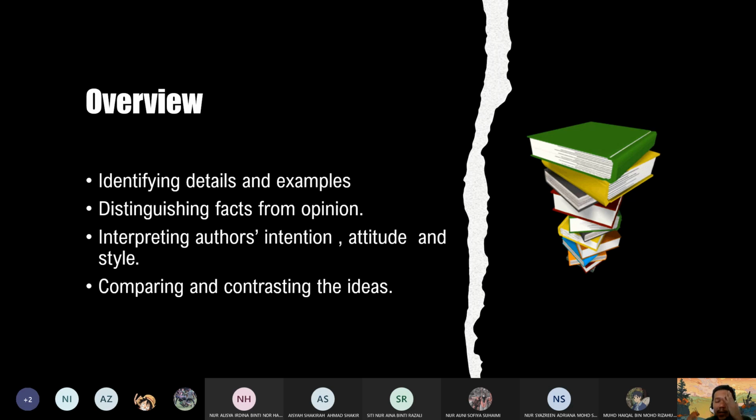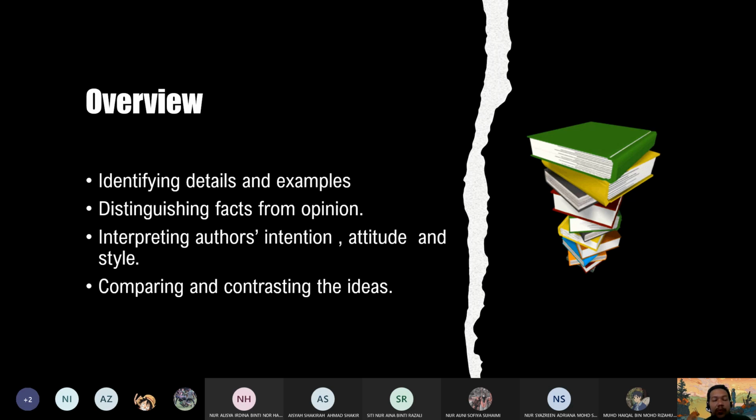Number three, we will learn how to interpret the author's intention, attitude, and style, because we need to know the purpose of the author in writing the article: will it be informative, persuasive, or to entertain you as a reader.